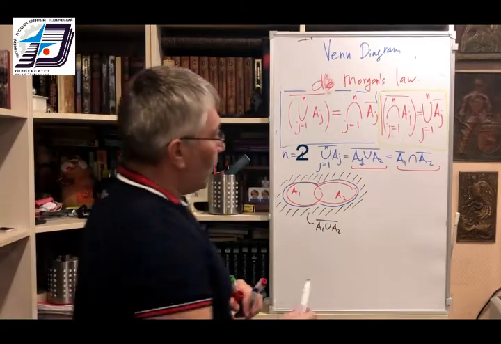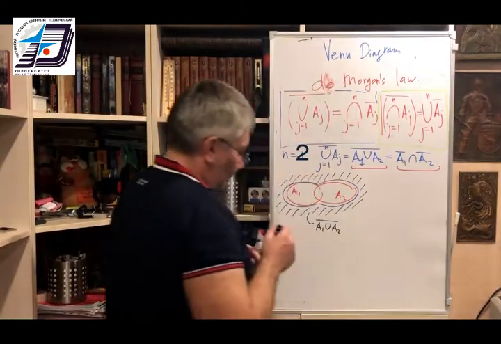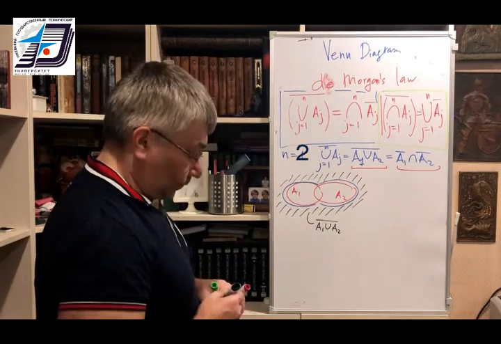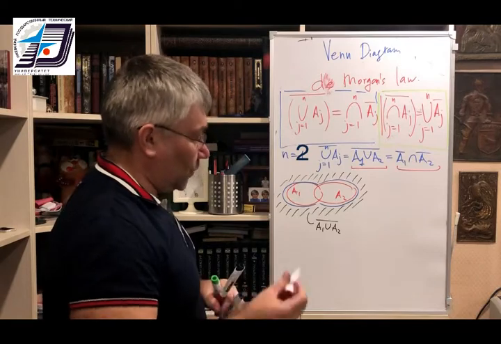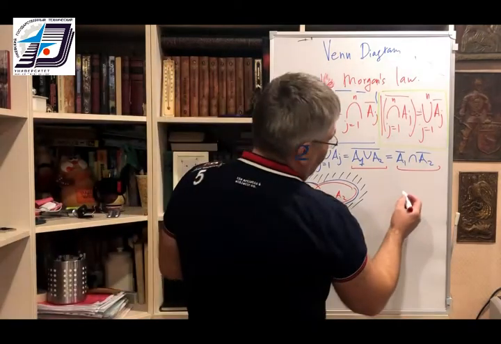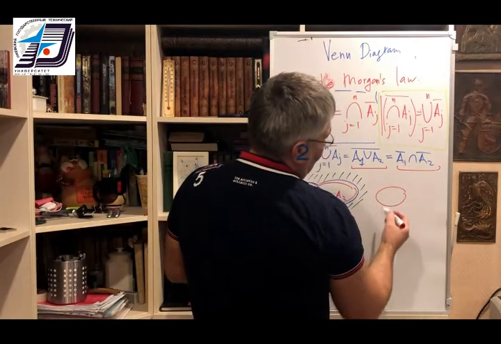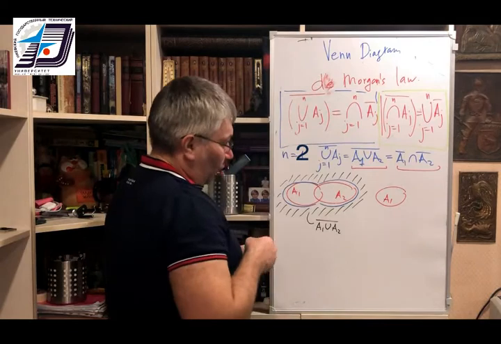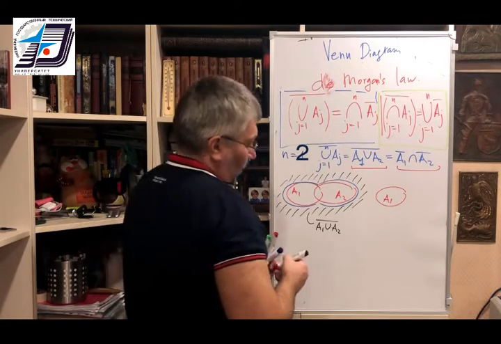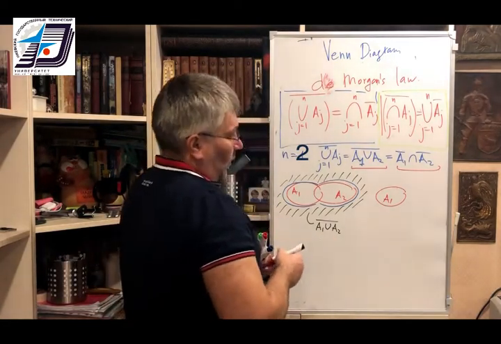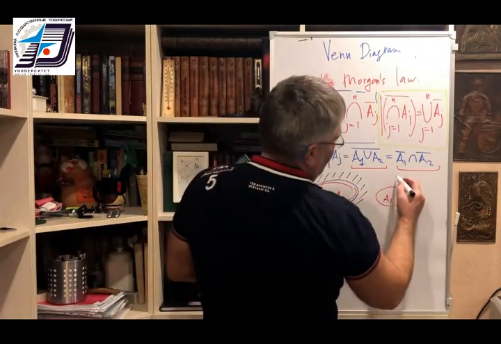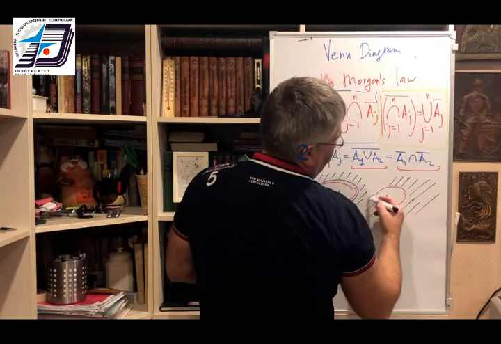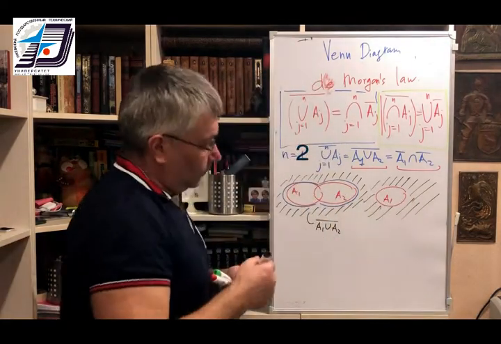Okay, what about the right side? I use the same green ink. A1 negation: it is A1, and the negation of A1 is everything which is beyond A1.